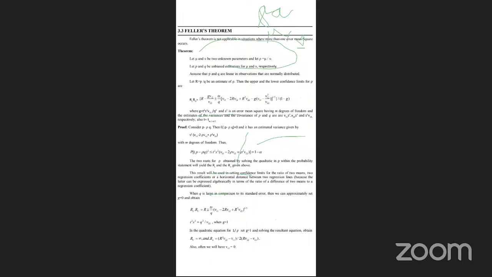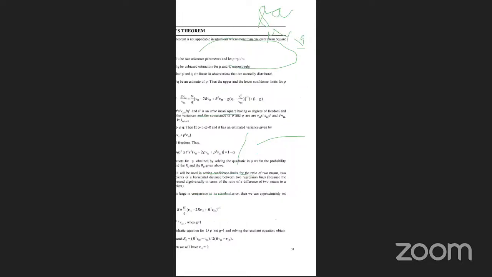And the estimates of the variance and covariance of P and Q are V11 s square, V22 s square and s square V12 respectively. Also t equals t with m degrees of freedom.